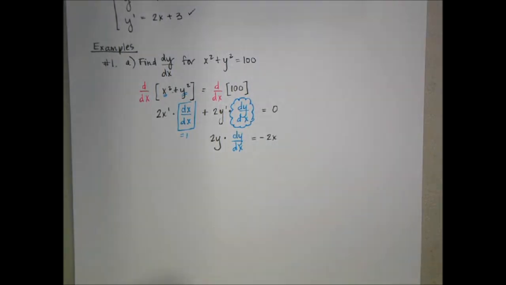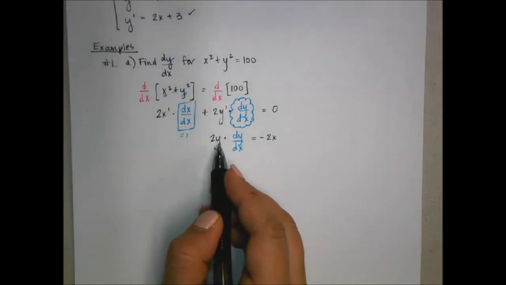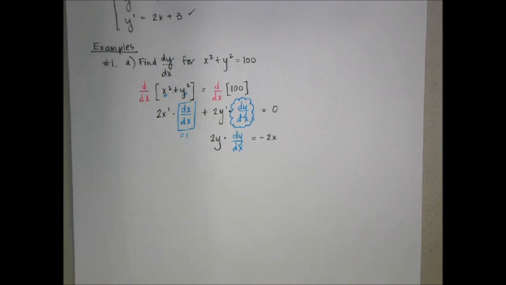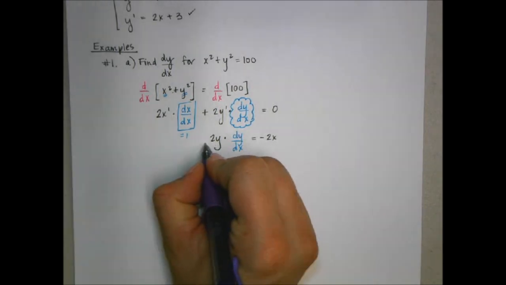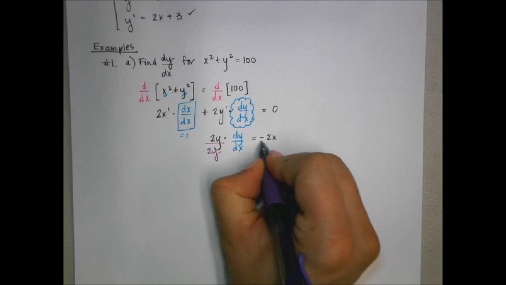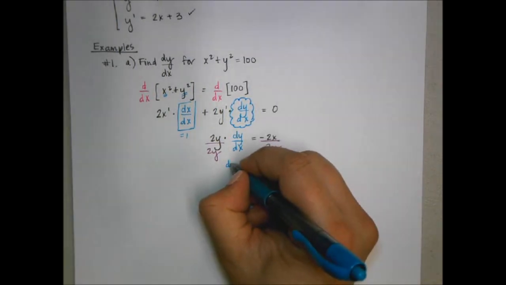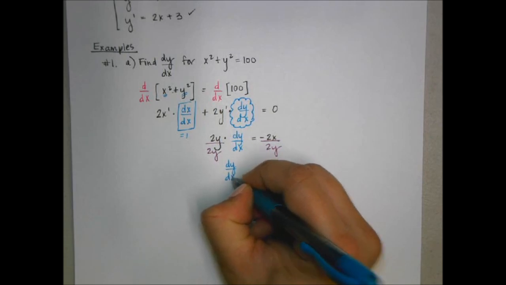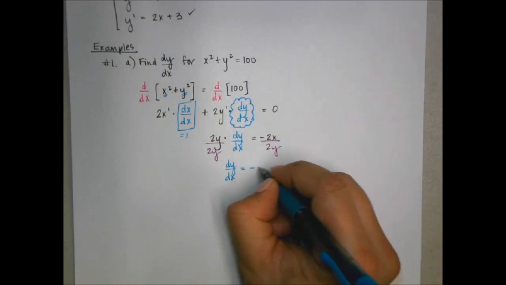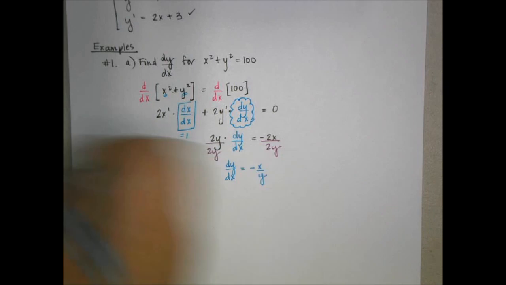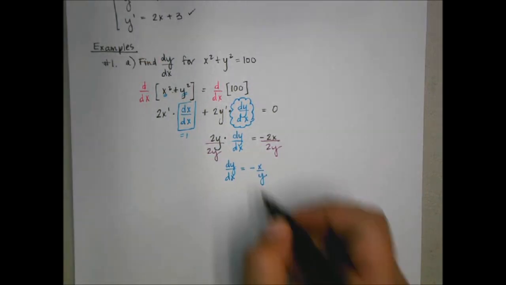Okay, and to finish, we'll just divide both sides by 2y. So that leaves us with dy/dx is equal to negative x over y. That we've solved for dy/dx.